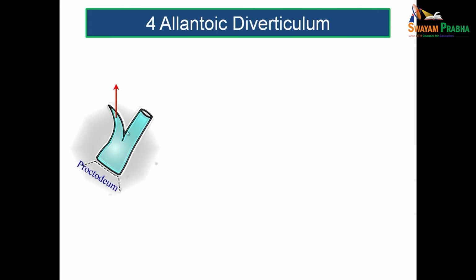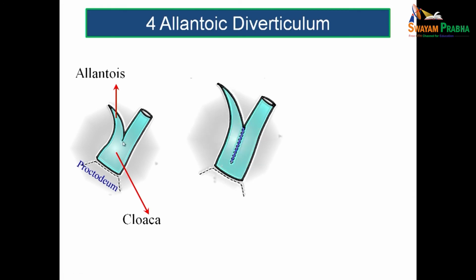This is said to be the distal end of the hindgut. You can see the allantois developing from the hindgut, or this is otherwise known as cloaca. And this cloaca or the hindgut is actually divided into two parts by a septum, that is known as the urorectal septum. So, the urorectal septum is going to split the cloaca into two parts.